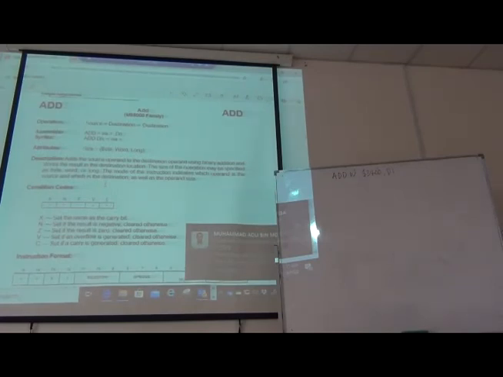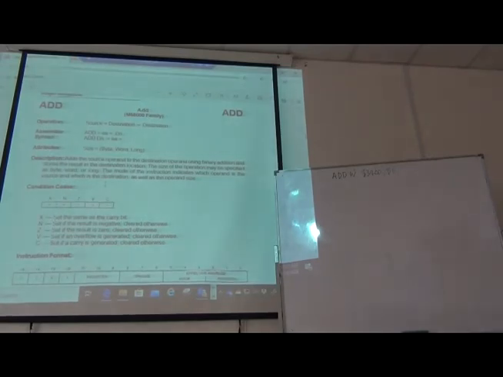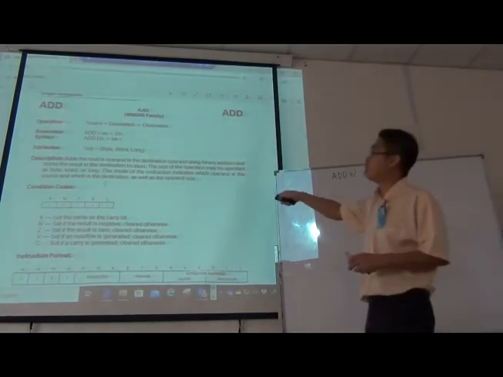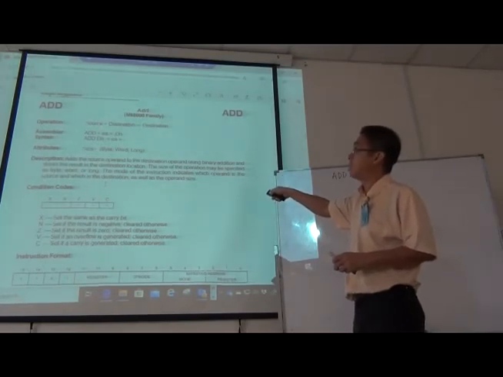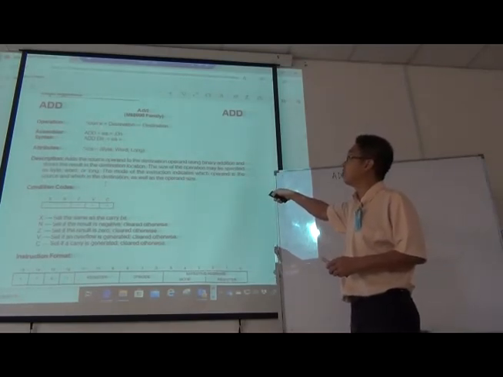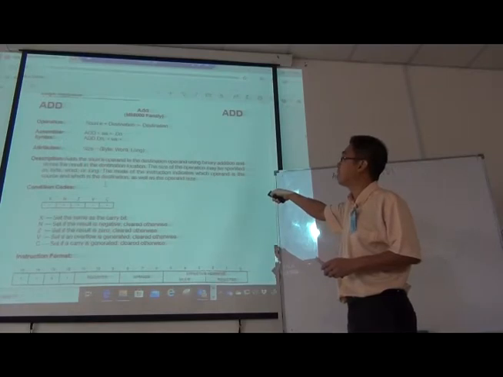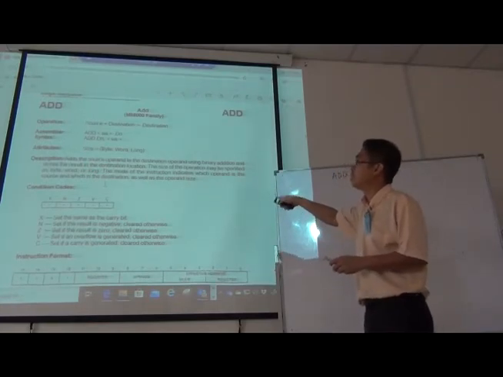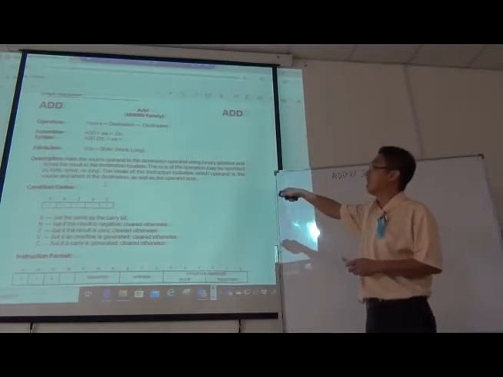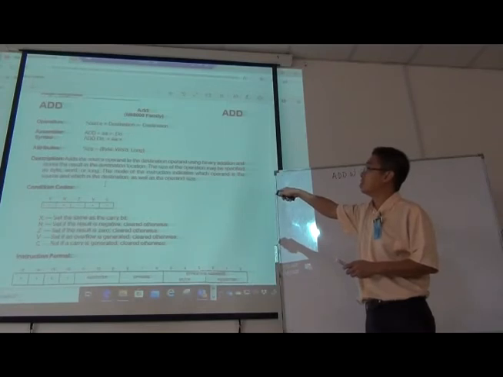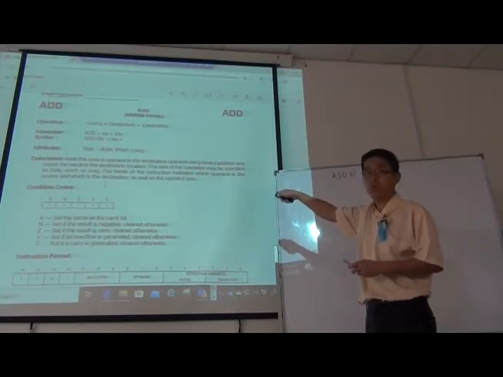You have to look at the add instruction. The operation is source plus destination, and the final result will be saved at the destination again. So this is a pattern: add effective address, comma, data register, or add data register, comma, effective address. So these are two patterns that we need to know.